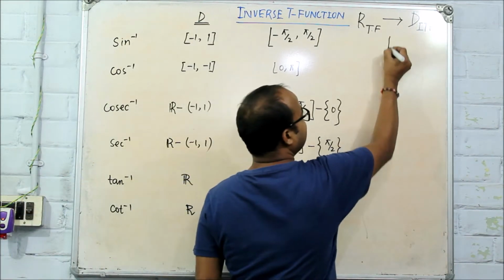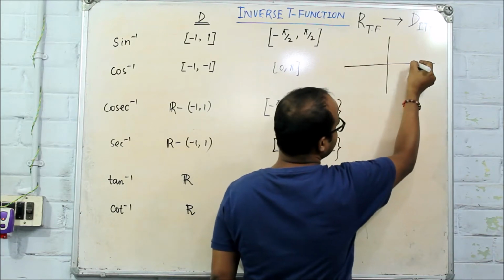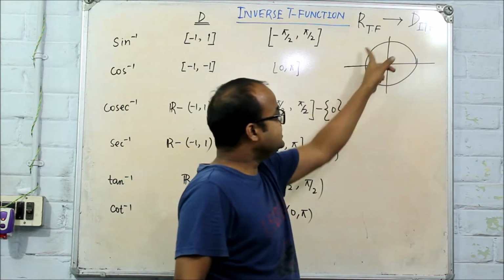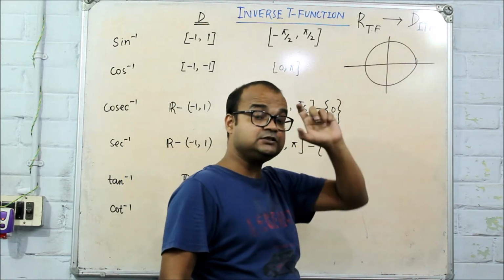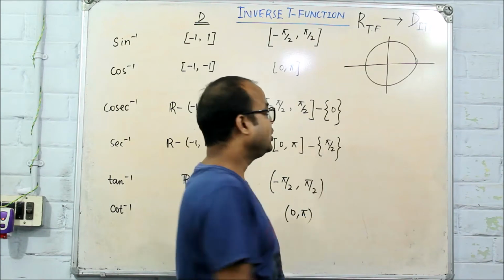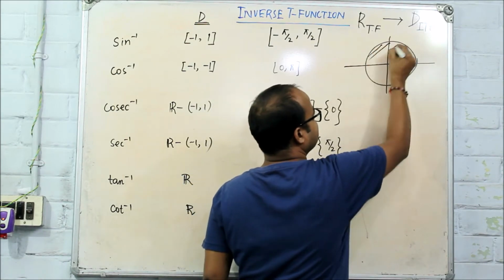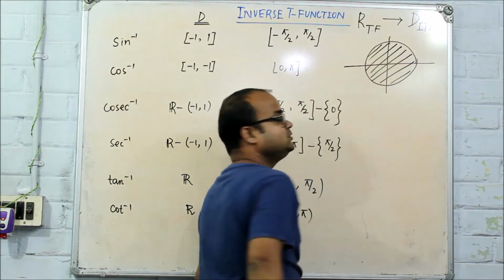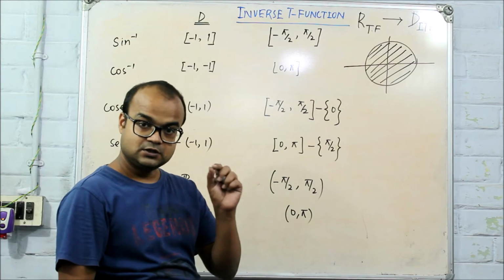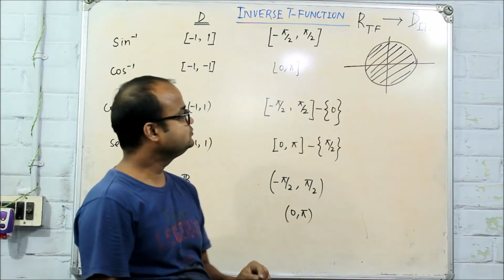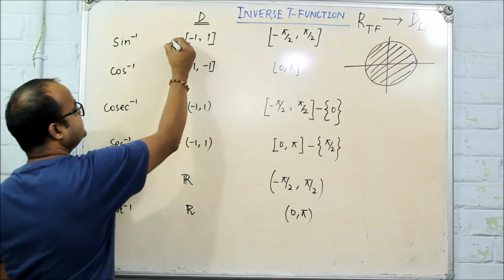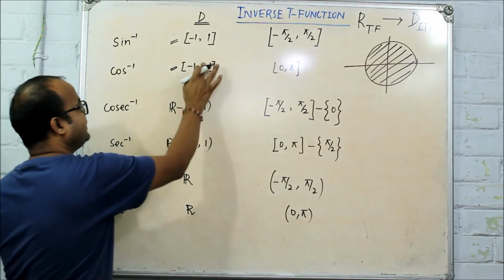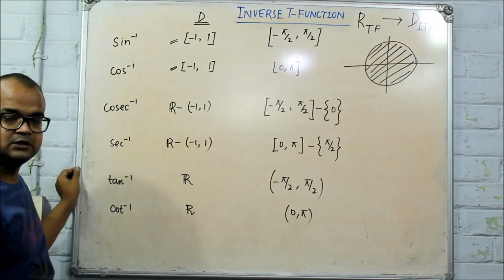I will explain through a unit circle. Inside the circle, the shaded region represents the range of sin x and cos x. So in sine inverse and cos inverse, they will become the domain, -1 to 1. Clear?